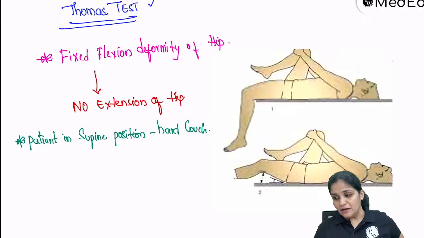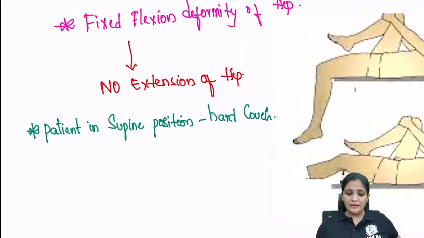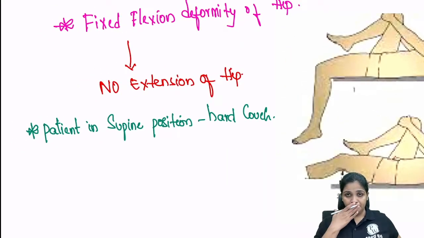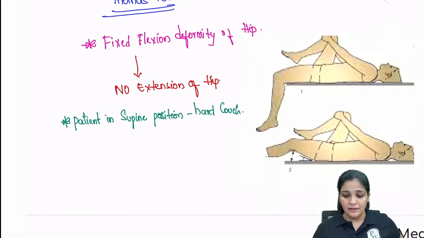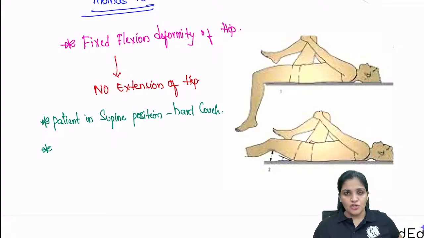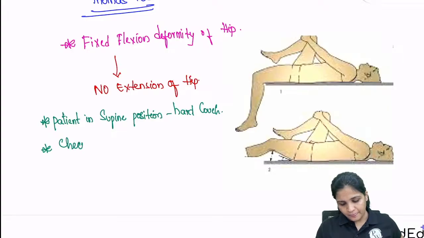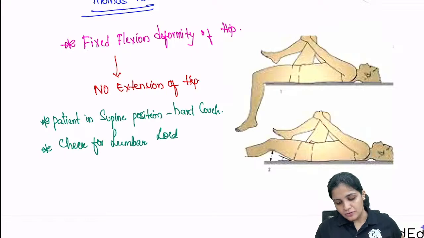Why a hard couch? Because when you put the patient on a hard couch, the lordosis is seen. Once the patient is lying on the bed, you check for lumbar lordosis.